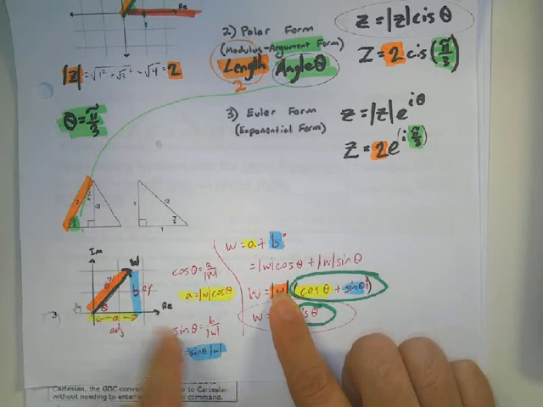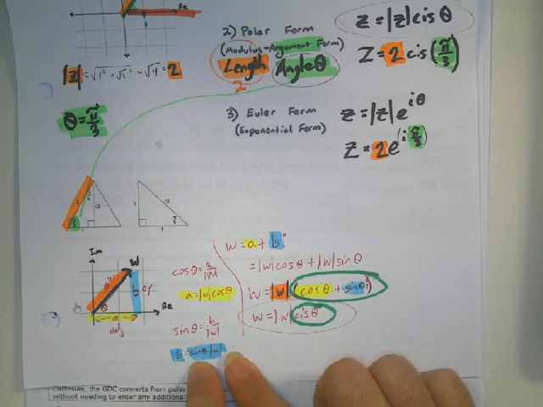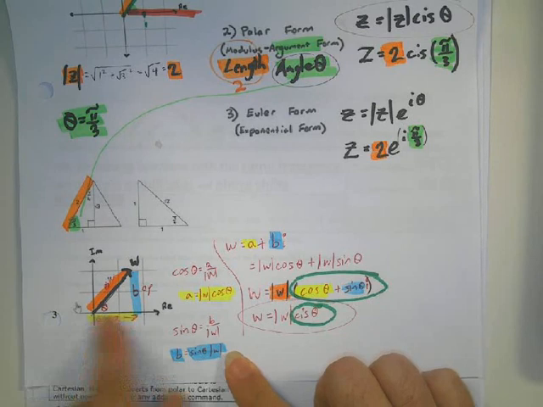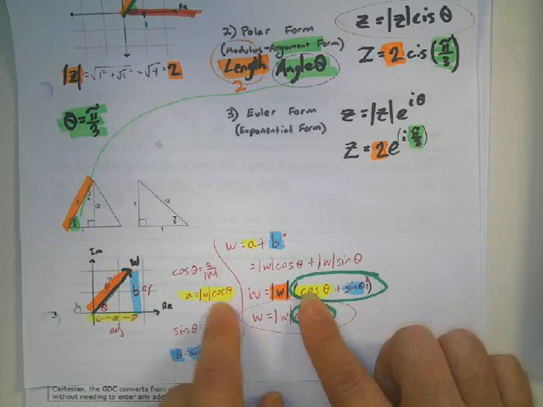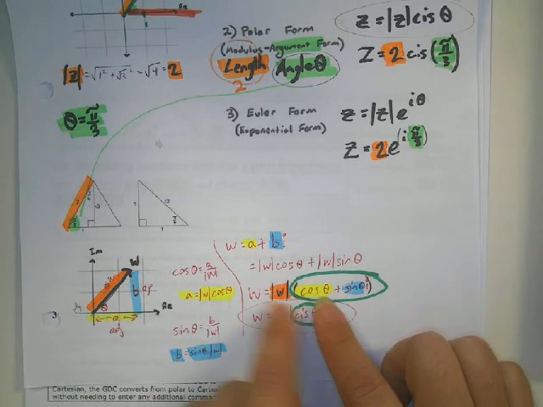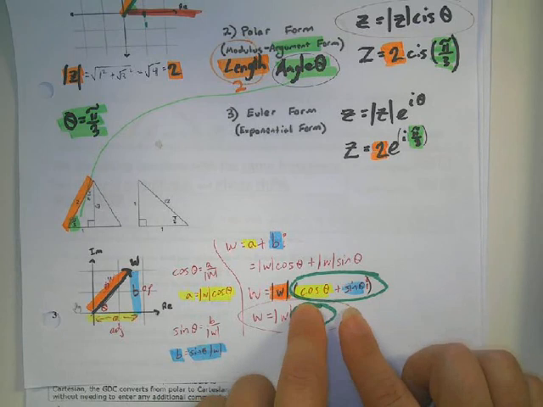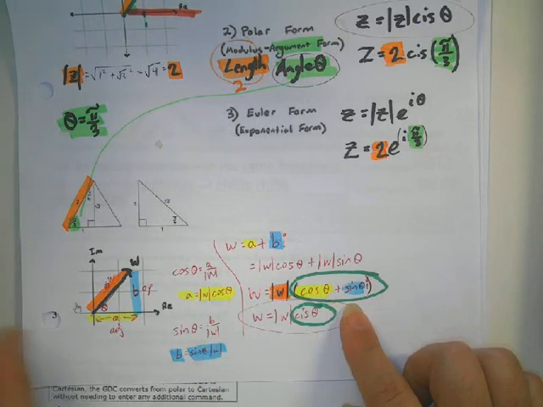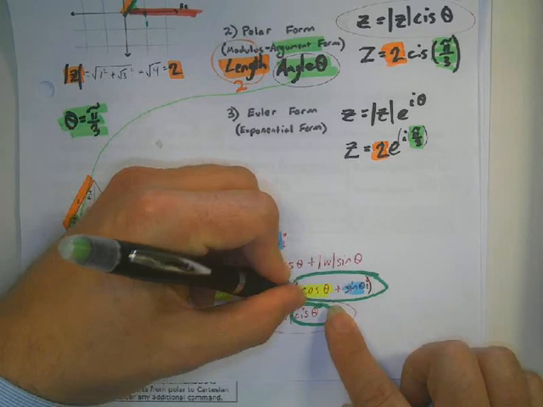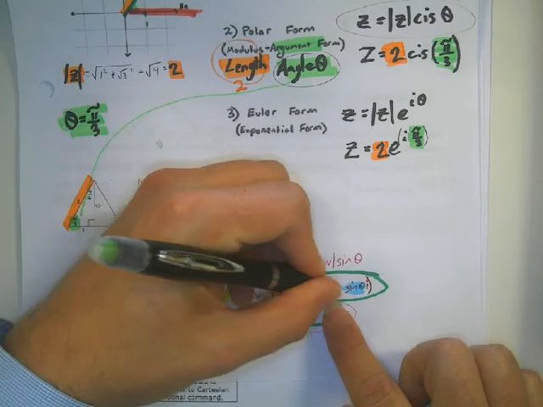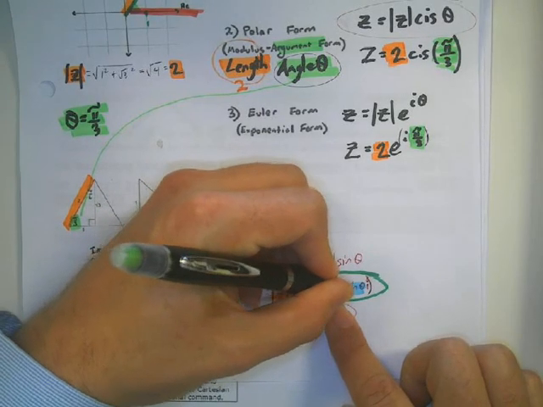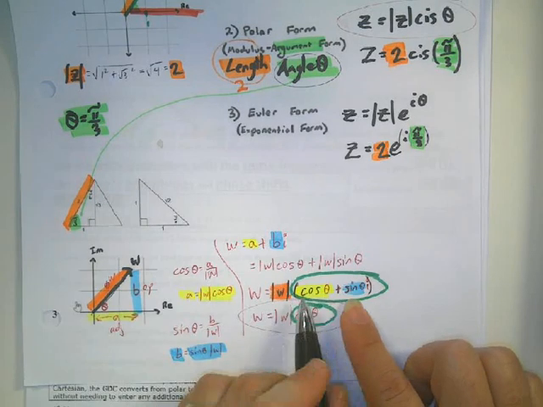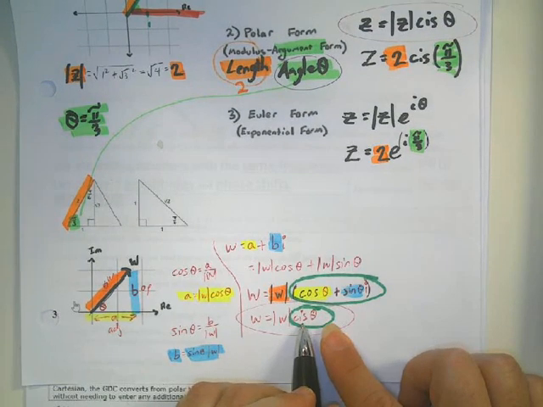We can express that as magnitude times sine theta, and our length in the x direction, or the real direction, as magnitude times cosine theta. And we kind of get lazy, and instead of writing out cosine theta plus i sine theta, we can simply write cis theta.